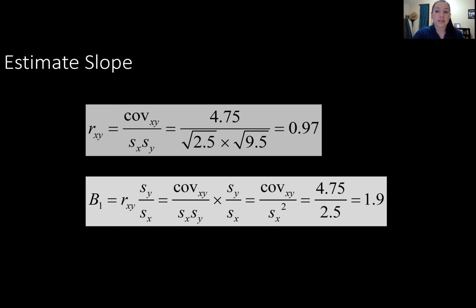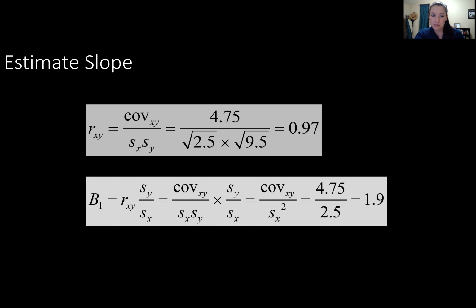We see a pretty large correlation coefficient going into this formula, 0.97, which is an indication that your B is going to be big as well, relatively speaking to your data. Then it's just plug and play.